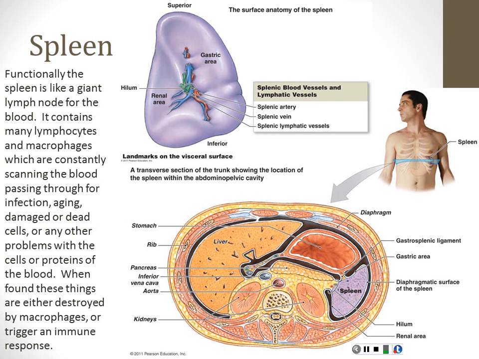The liver's a huge organ and quite heavy. But tucked up on the other side is the spleen, so back here. So this is a cross-section at this layer. You can see that like half of the abdomen is taken up by liver. This is all liver. Here's the stomach. And then way back behind the stomach, just next to the kidney, is the spleen.